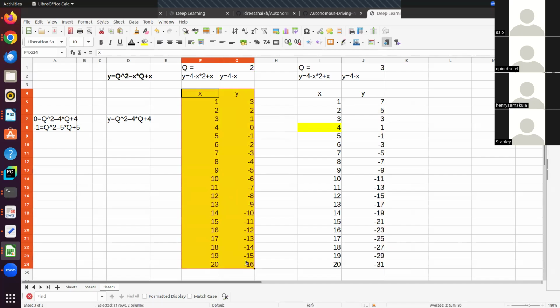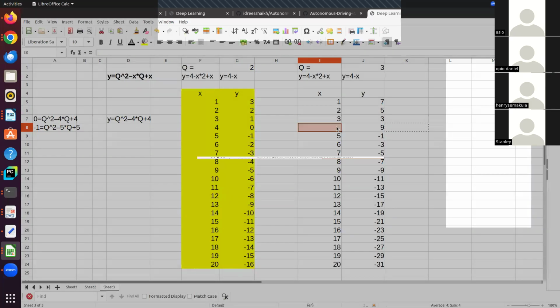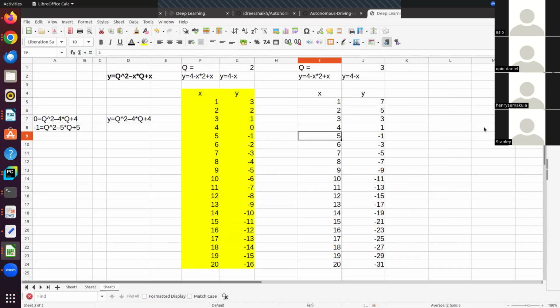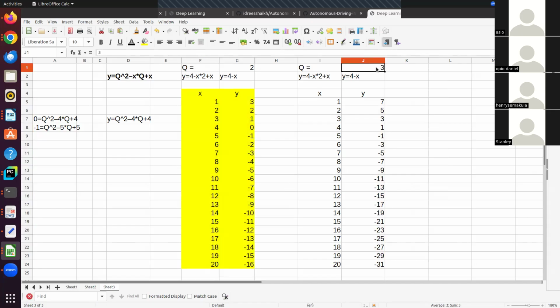So what we're trying to do in real life is, we only observe those data and we try to estimate the Q. We don't know it.